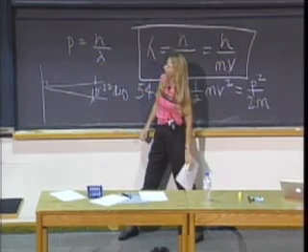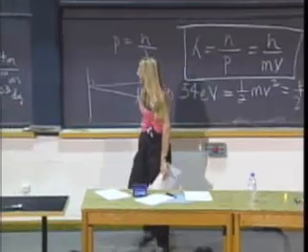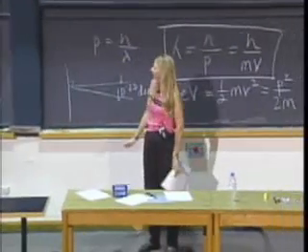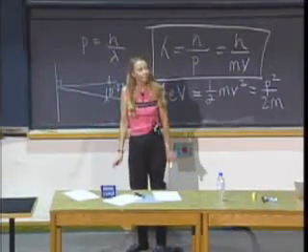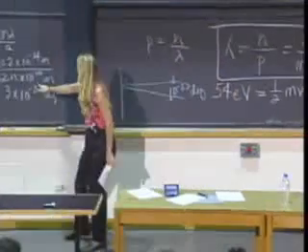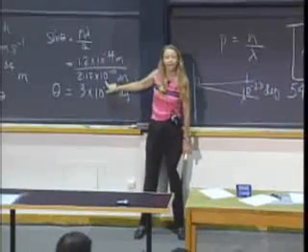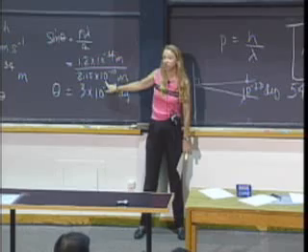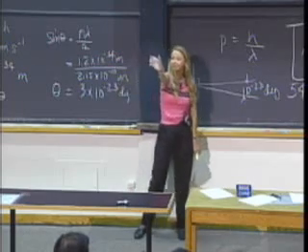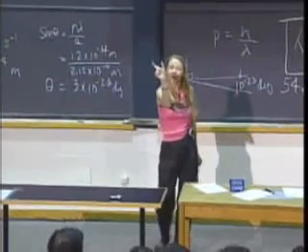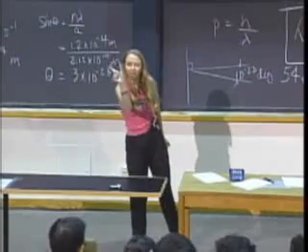So you say, well, okay, if that's the problem, then maybe I can help myself out by changing this a, the distance between my particles that are doing the diffracting, my nickel atoms.